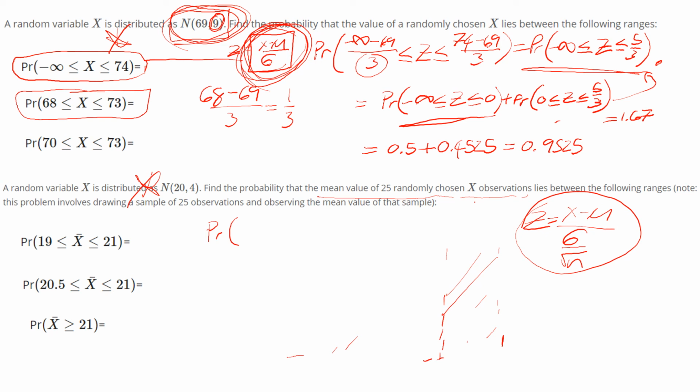In the first instance, we have 19 minus 20 over 2 divided by 5. Why? Where do I get 2 and 5? Remember, we've got a variance of 4, therefore a standard deviation of 2, and we've got sample size n of 25, and the square root of 25 is 5.